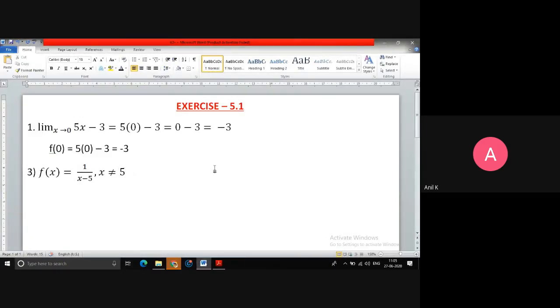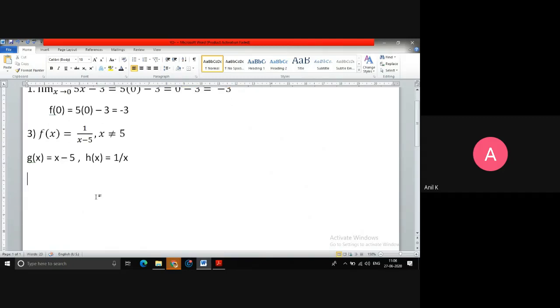So there are two ways. Another way I'll explain, just let me write. I am trying to use the identity: g of x equals x minus 5, and h of x will be equal to 1 upon x. I'll write my functions this way.